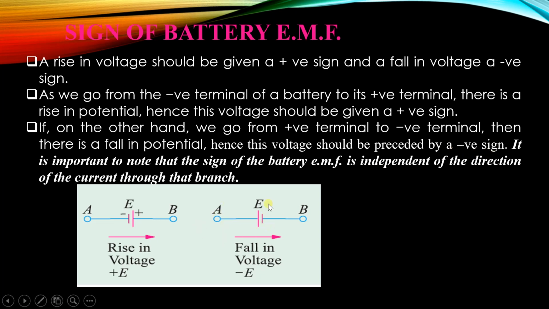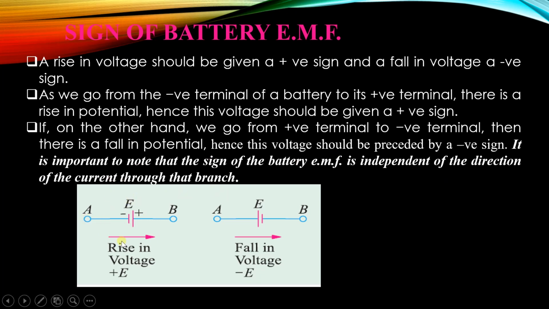As shown in this figure, we have the positive and negative signs, and when we move from A to B, meaning positive to negative, this is called the fall in voltage and the voltage is given the negative sign. One thing which is important to note is that the sign of the battery EMF is independent of the direction of the current through that branch.